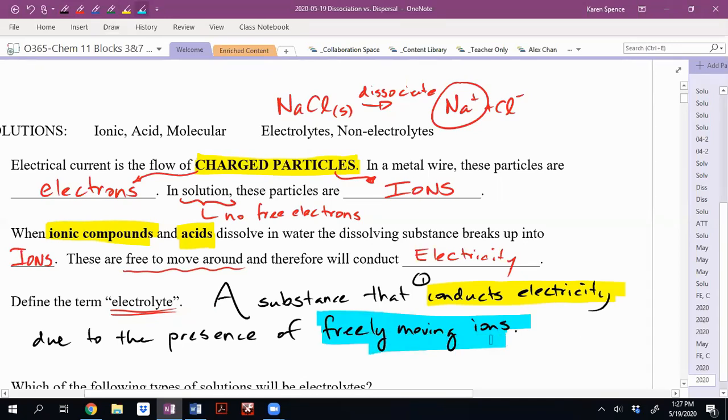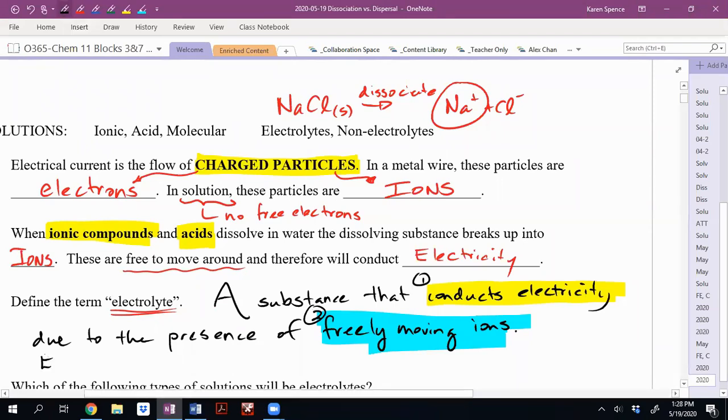So if I were to ask you for a definition, it would probably be worth 2 marks, because you would need to say that it conducts electricity, and also that it is due to the presence of freely moving ions. And if I said, give me an example, well, we could do that.